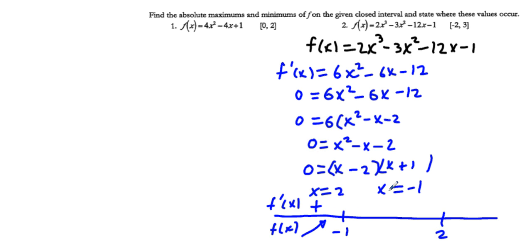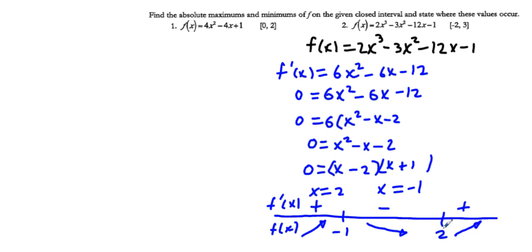Then a value like 0, between -1 and 2: negative times positive is negative, so the function is going down in this interval. The last one, to the right of 2, let's say 3: 3 minus 2 is positive and 3 plus 1 is positive.